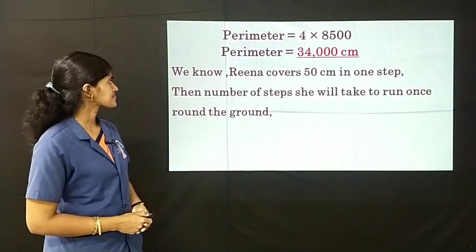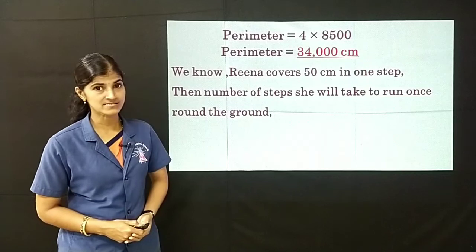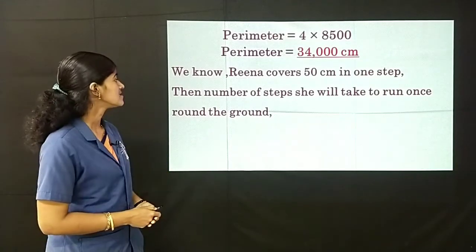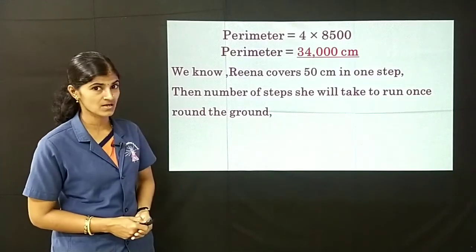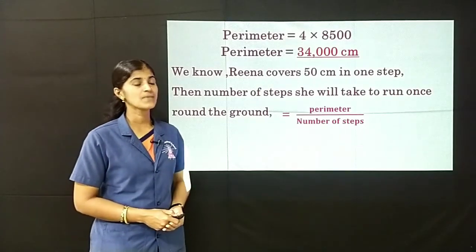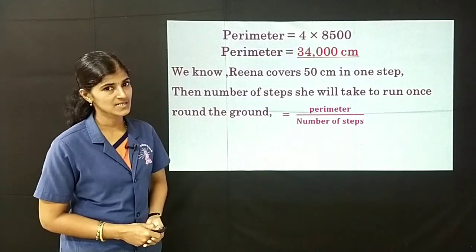Okay. Then we know that Reena covers 50 centimeter in one step. Then the number of steps she will take to run once round the ground will be the perimeter divided by the distance per step.